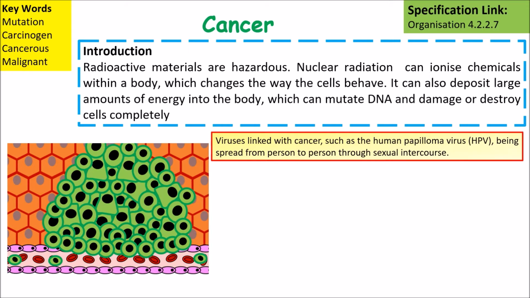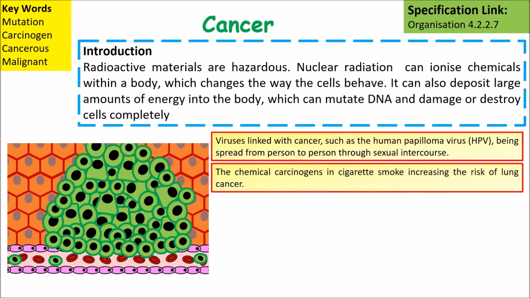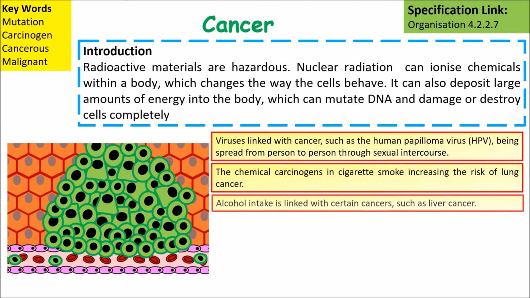Viruses linked with cancers, such as human papillomavirus, will increase the risk of developing things like cervical cancer. Carcinogens within cigarette smoke will increase the chance of lung cancer. Alcohol can increase the chances of getting things like liver cancer or oesophagus cancer.